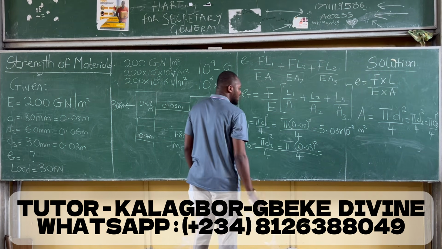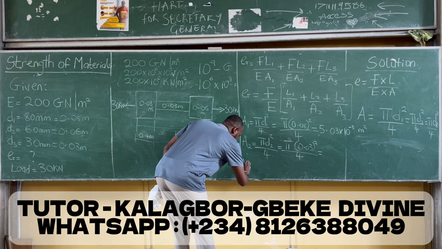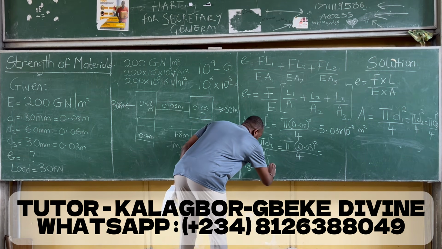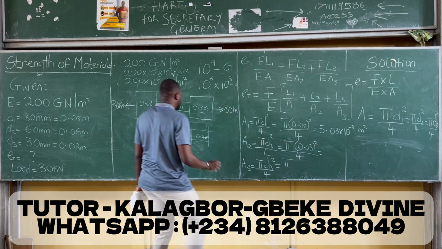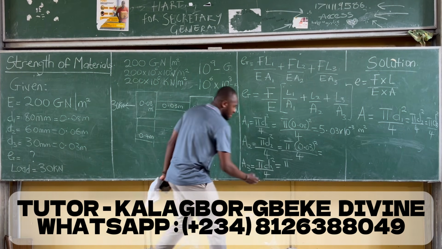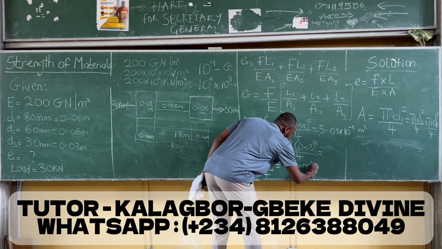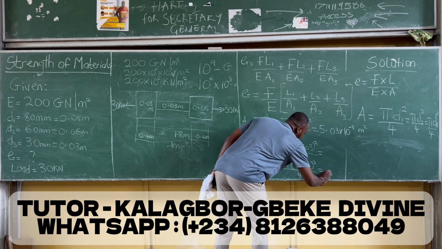So now, the next one, what's the answer for the next one? Be punching that one. And the third area will be what? Pi D3 square over 4, which will be what? Pi into, our D3 is what? 0.06. 0.06 square over 4, which is equals to what?